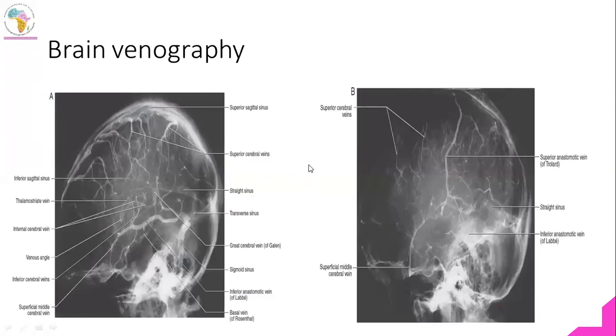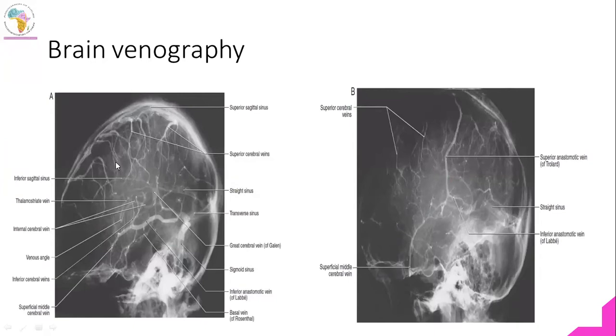When we investigate pathology regarding the venous system, we request a brain venography. Brain venography is an imaging study for the venous system. It can be done through a CT or MRI, or even with a diagnostic catheter.